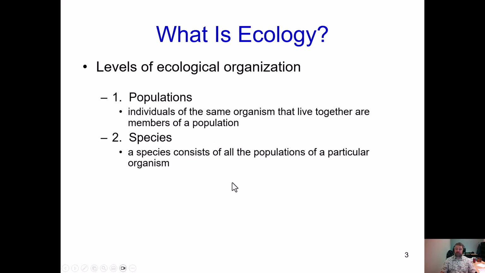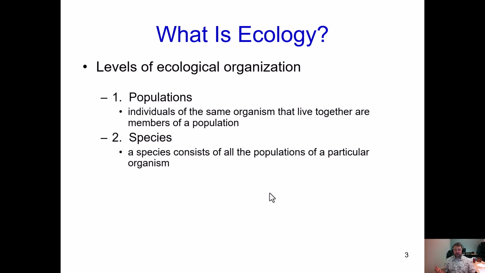In some cases, like if you're looking at humans, and we've talked about this before in class, the population of humans on this planet, of the species Homo sapiens, is about 8.2 billion. Now you could divide those into populations. You could say people in this region are one population, and people in that region are another.